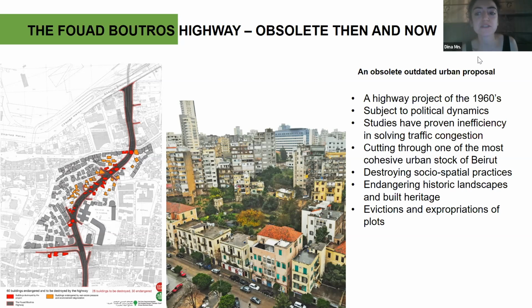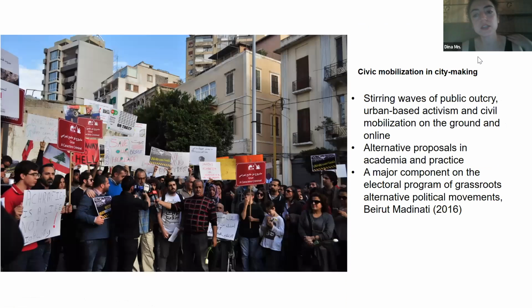However, studies have proven its inefficiency in solving traffic congestion, and so it stirred a lot of public outcry, urban-based activism, and civil mobilization. That was back in 2014. It was also part of the program of Beirut Madinati and the electoral program of 2016.